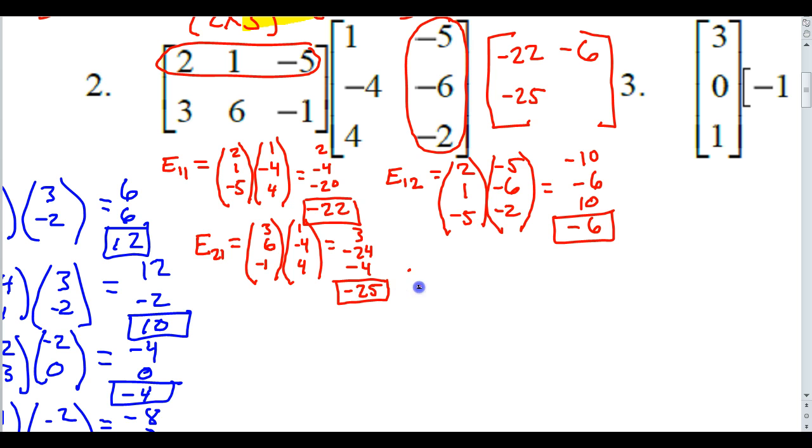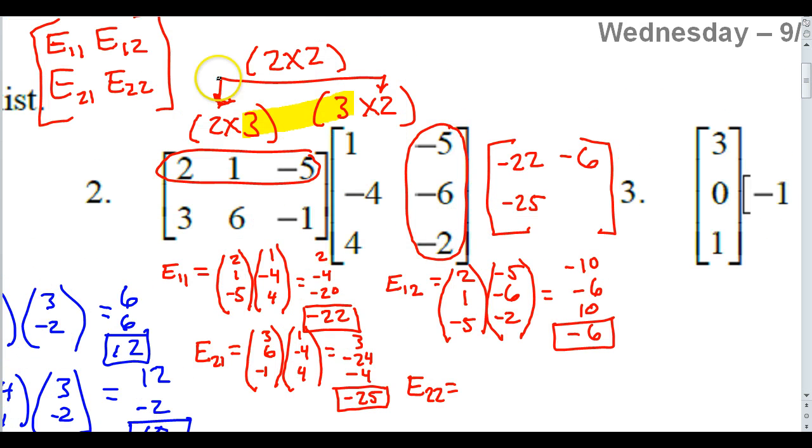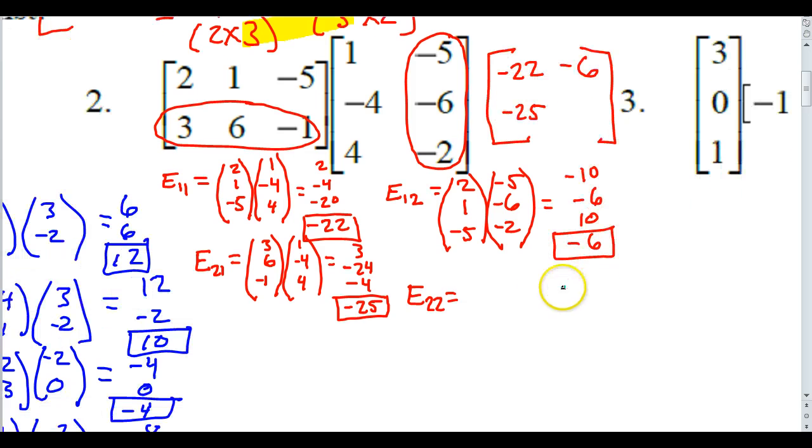Let's do this right here again. Element 2, 2, so that's row 2 and column 2. If I set those up next to each other, row 2 is 3, 6, negative 1. And column 2 is negative 5, negative 6, and negative 2. Multiply, multiply, multiply.